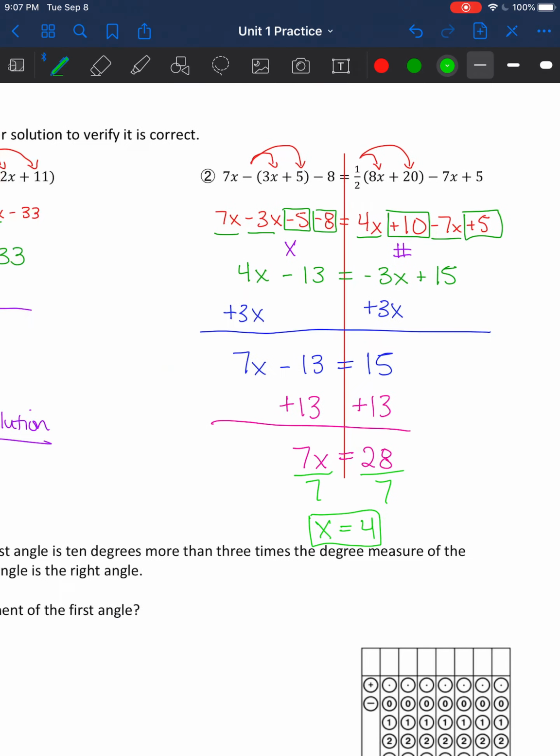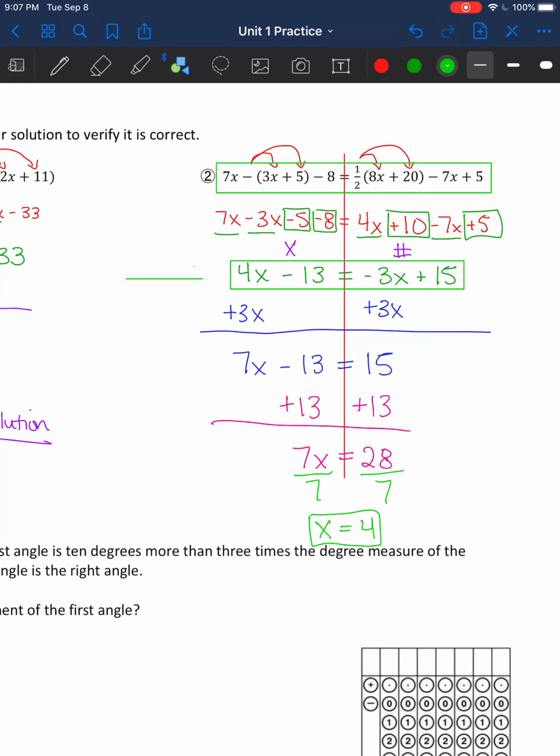So this is the answer that I'm going to verify is correct. In order to verify that is correct, what you should do is, at the step where you simplify the equation, or in the very beginning of the equation, in one of those two steps, you should verify that 4 is the correct answer.